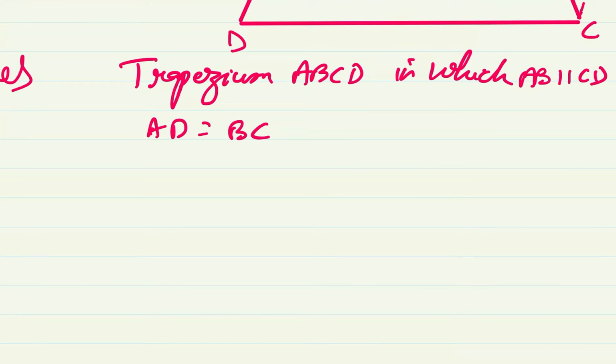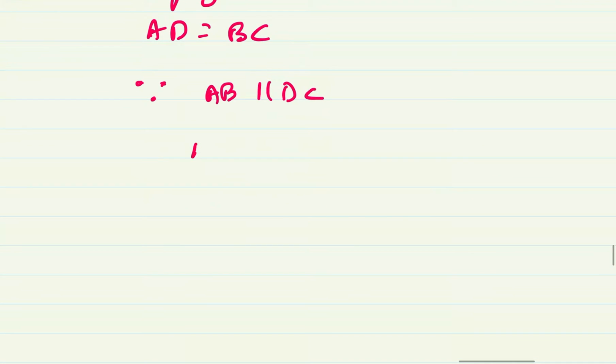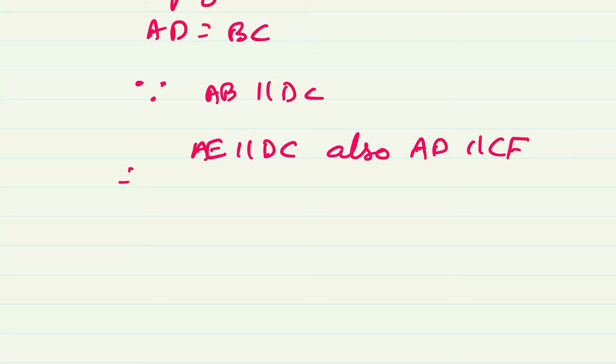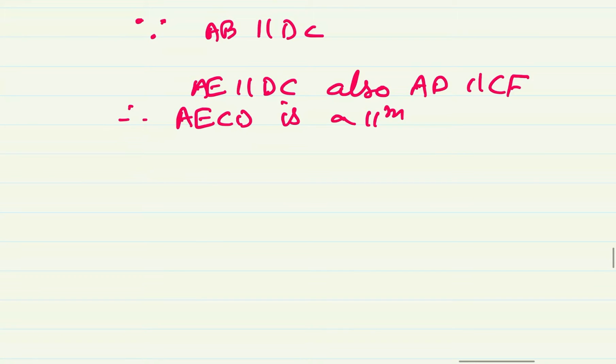Now here we know that because AB is parallel to DC, AE is parallel to DC, also AD is parallel to CF. Therefore, AECD is a parallelogram. Therefore, AD is equal to CE, that is our first result.